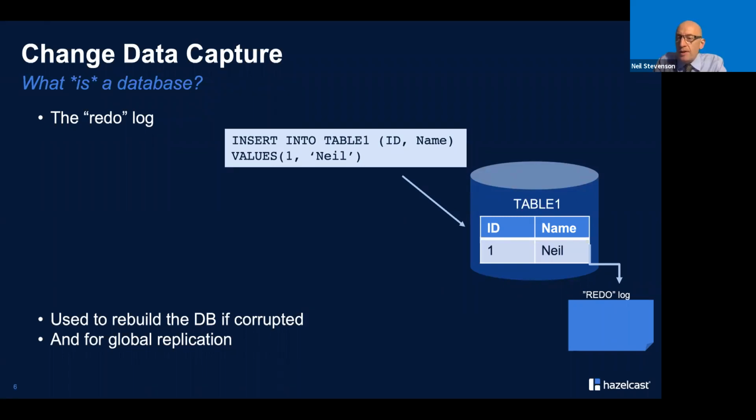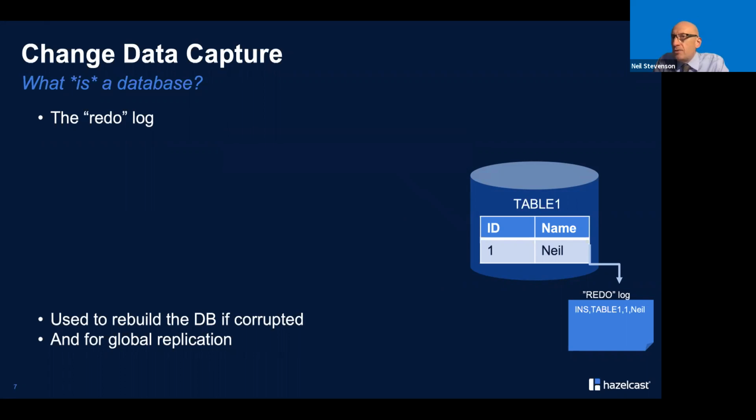And what happens is the database will write that into a redo log, an op log, a bin log, whatever you want to call it, just a log file that records that a change has been made to the database. So this is originally part of the database internals.